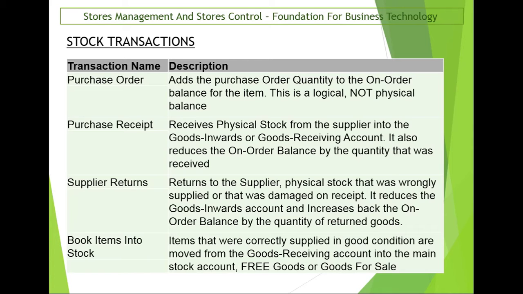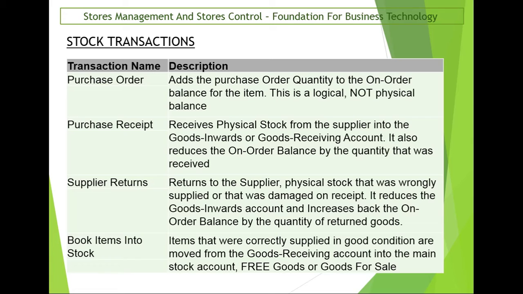It's not yet booked into our main account, because when it is in the goods receiving account, it will be inspected, and any items that were wrongly supplied or damaged must be sent back to the supplier. Whatever we receive on the purchase receipt now reduces the balance in the on order account, because that item is no longer on order, but has now been received.